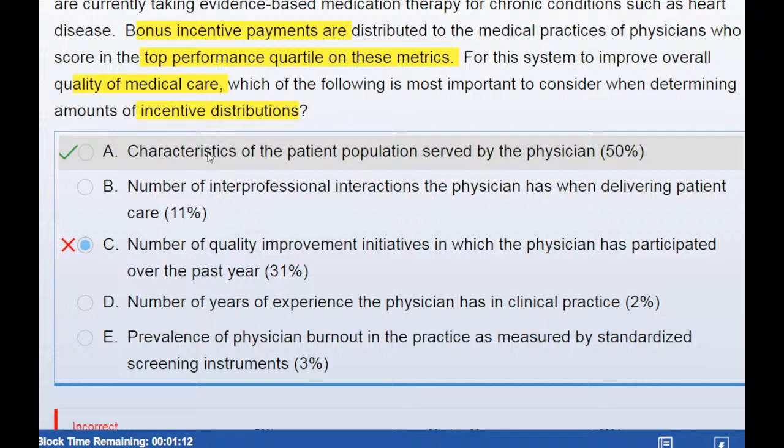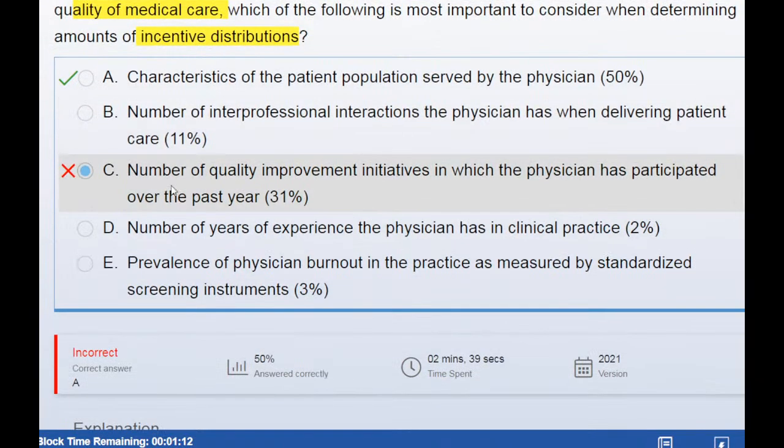So they're telling you: characteristics of the patient's population served by the physician; number of interprofessional interactions the physician has when delivering patient care; number of quality improvement initiatives in which the physician has participated over the past year.